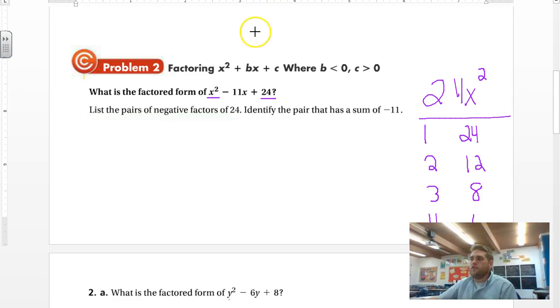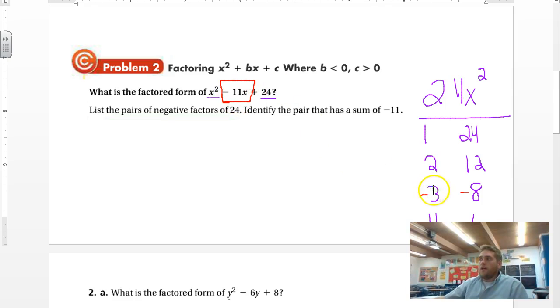Now, the difference between this one and the previous ones is, look, 11 is going to be negative. Okay? But let's think about this. 1 plus 24, well, that's 25. 2 plus 12, that's 14. 3 plus 8 is 11, but I want negative 11. So how am I going to turn this into a negative 11? Well, I make both of these negative. Okay? And let's check and see if that still works. Is negative 3 plus negative 8 negative 11?